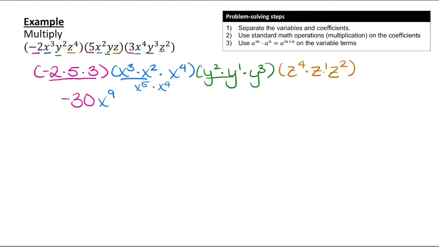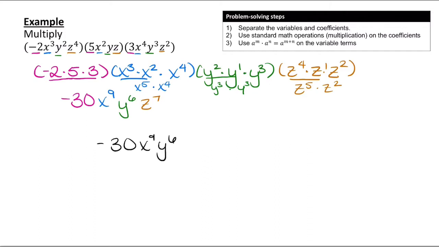Y squared times y to the 1st gives me y cubed. Y cubed times y cubed gives me y to the 6th. Z to the 4th times z to the 1st gives me z to the 5th, and then I multiply that by z squared, so I have z to the 7th. So the complete answer is negative 30, x to the 9th, y to the 6th, z to the 7th.